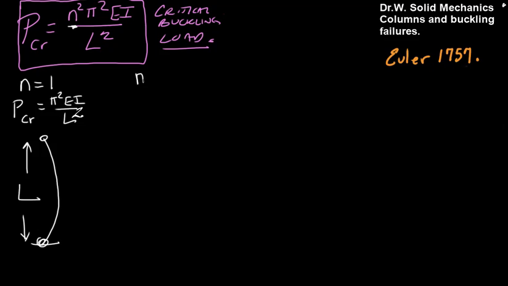If we look at an n equal to 2 type failure, P critical will be 4 pi squared EI, where we square n, on L. And what that tells us is that this mode of failure would look like that.